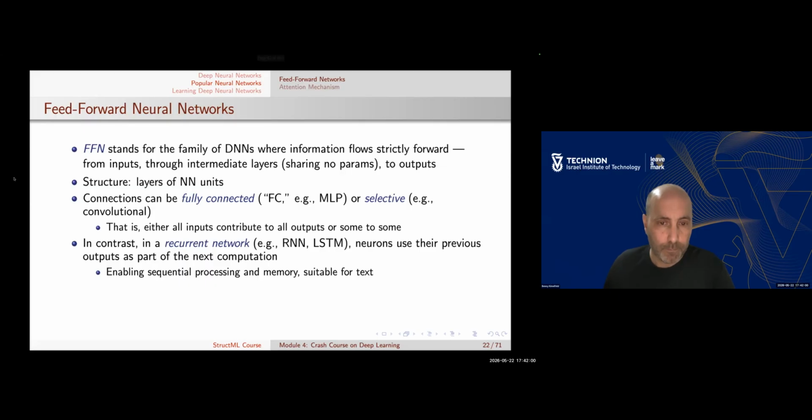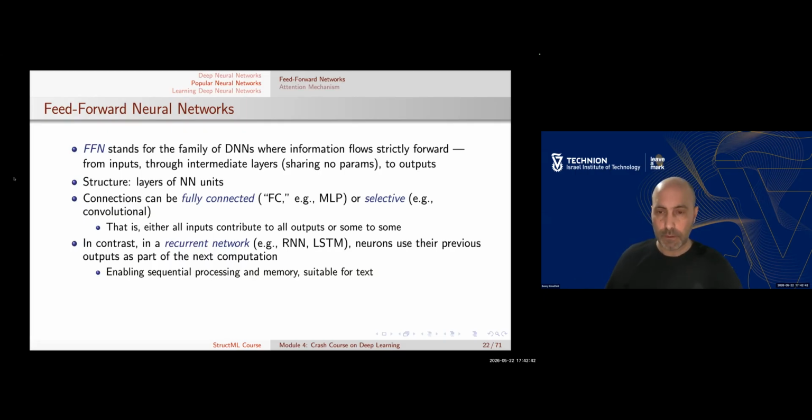Now, the contrast of feed-forward networks are the recurrent networks, like RNNs, LSTM, where the information can be, again, conceptualized as at some point going backward, applying again the component of the network, which is something that is useful for processing long text, for example. And you're accumulating information and memory along this process.